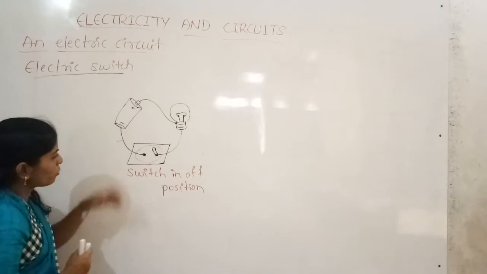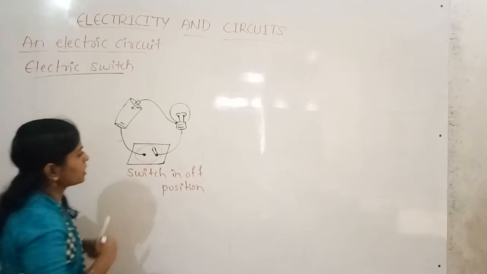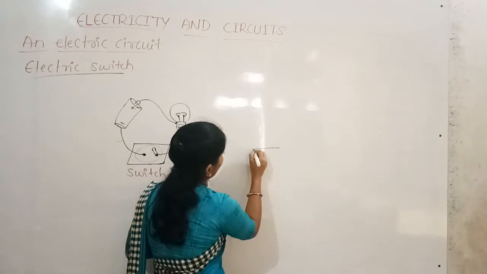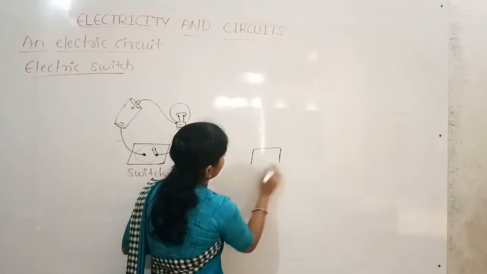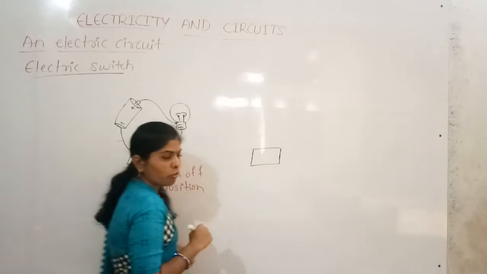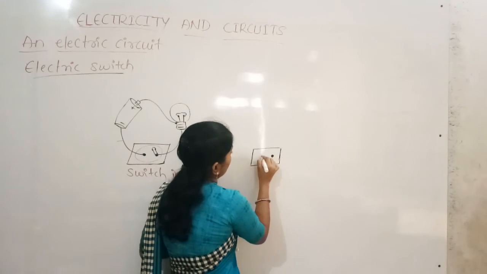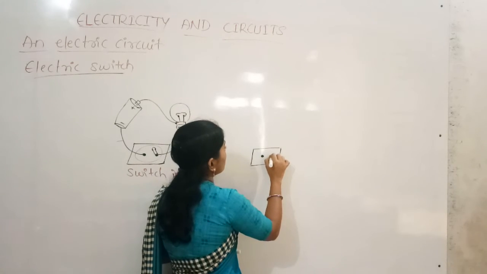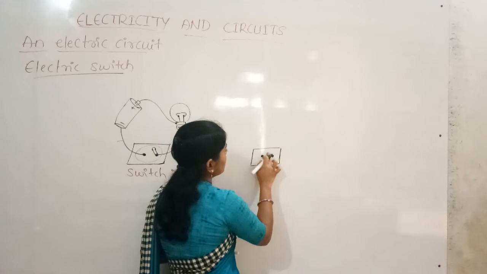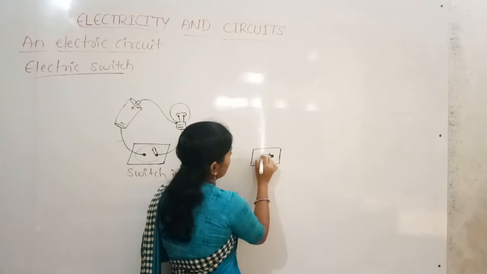And see, one more thing we can say. Now this is in the off position. Now we can draw this for the on position. Now this is the thermocol sheet, and here we have fixed two drawing pins, and here we have attached a safety pin. So now we can connect this here.